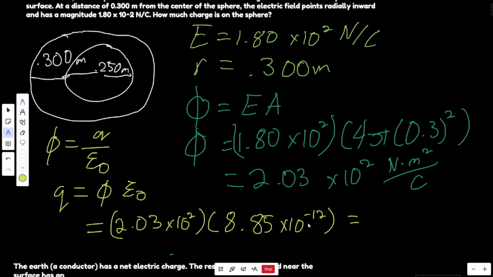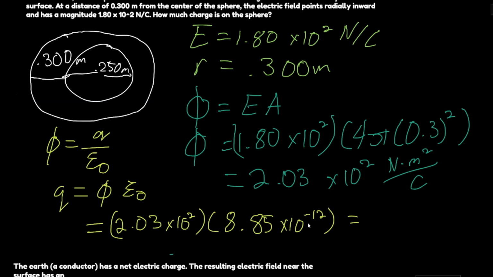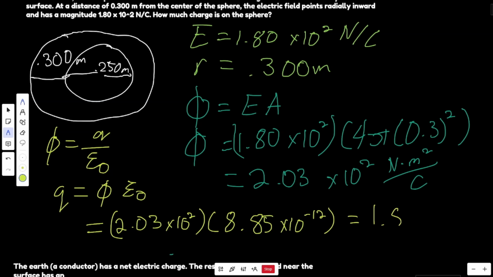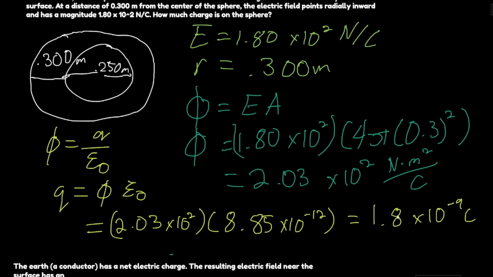And there. Now we have our answer. Let me see if I have enough digits on my calculator for this. I do not, but I have the answer. It's supposed to be 1.8 times 10 to the power of negative 9 coulombs. This is nanocoulombs, so negative 9 is nano.